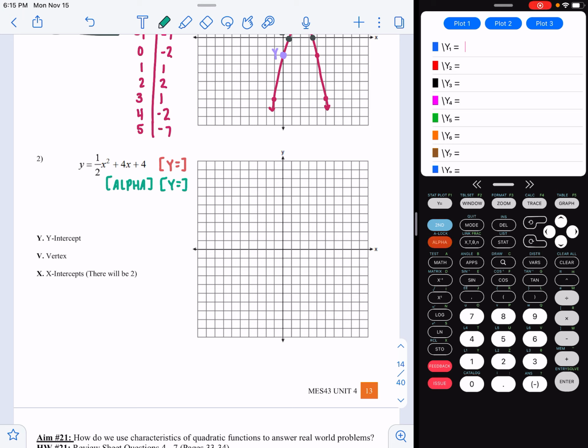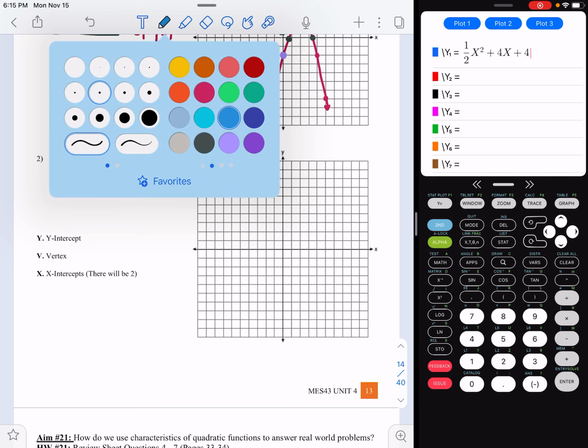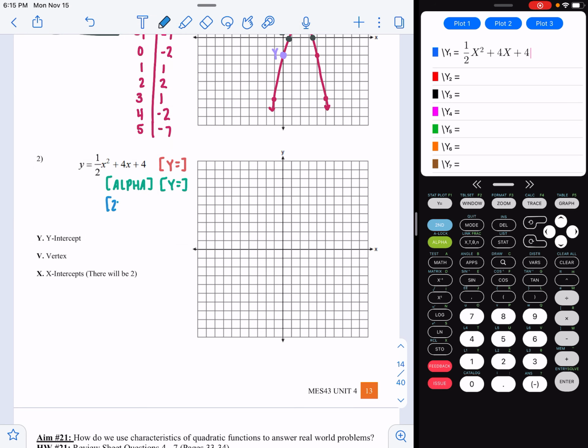Okay, so if I press alpha, y equals enter, you notice we get a fraction, and now I can enter my equation, right? 1/2 x squared plus 4x plus 4. And then again, we're going to press second graph to get our table of values.